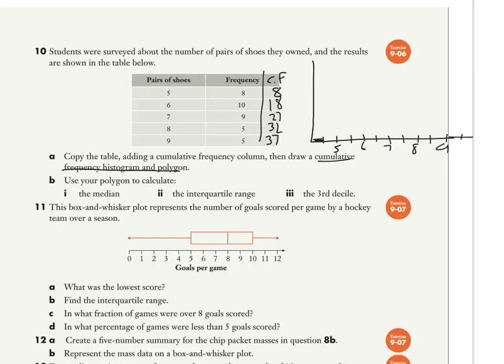So obviously it depends on how long our graph is. We can go up by 4s, we can go up by 3s, it doesn't really matter. So 3, 6, 9, 12, 15, 18, 21, 24, 27, 30, 33, 36, and 39.